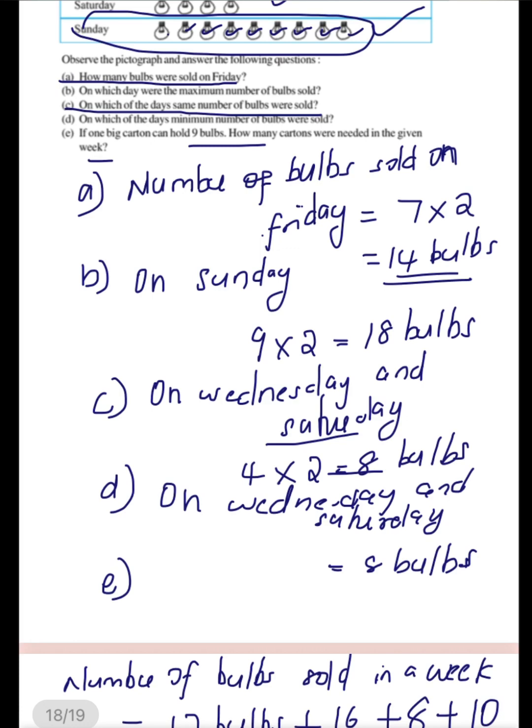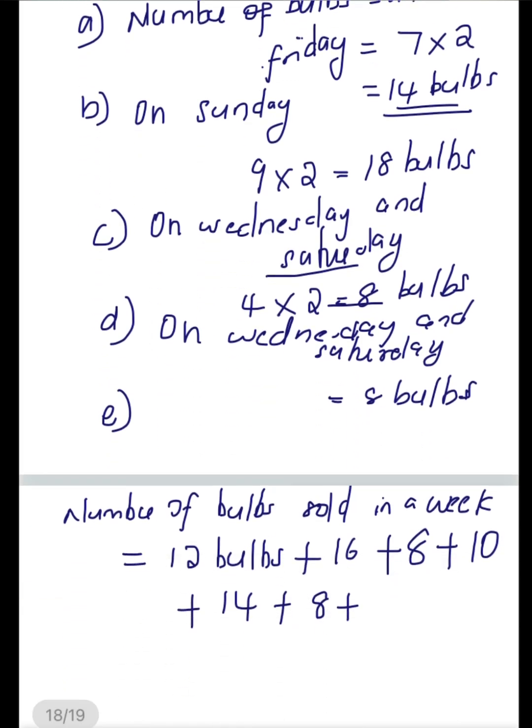From question B you can see that 18 bulbs were sold on Sunday. So for each day you have to calculate the number of bulbs, and after adding all these things, what will you get as the answer? 86. So that is the total number of bulbs sold in a week.